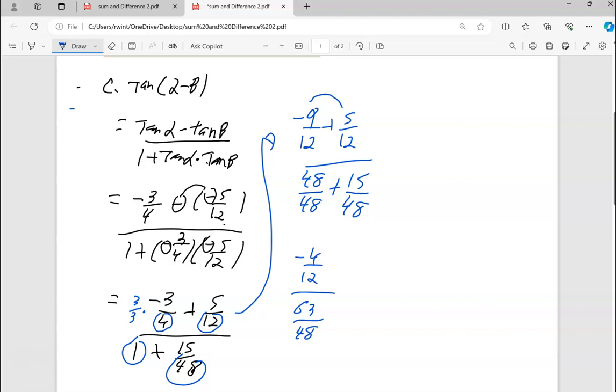Kind of awful, not gonna lie. And then dividing by fractions, same as multiplying by the reciprocal. Now, you could do this on a calculator if you want. I like to be the calculator. I know that 12 reduces with 48, giving me the answer negative 16 over 63.